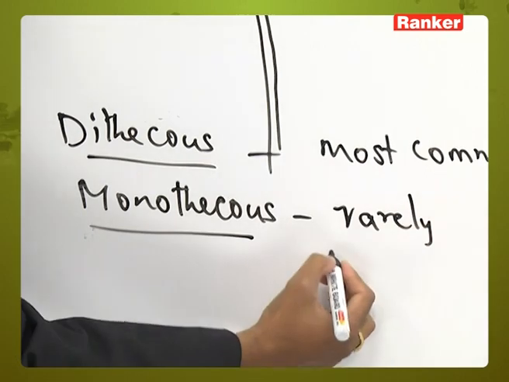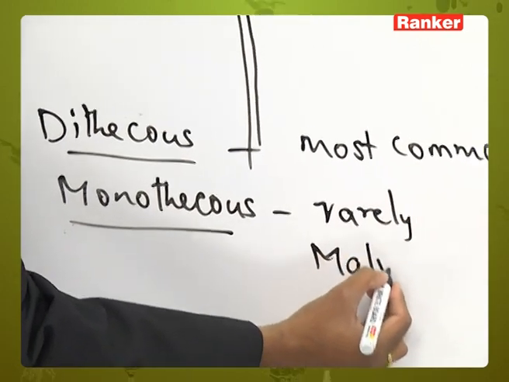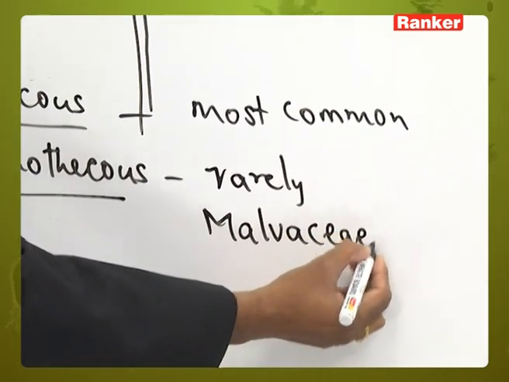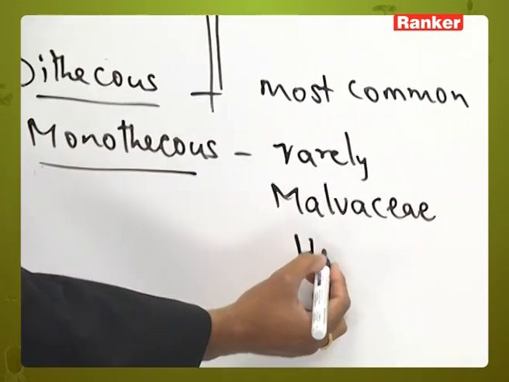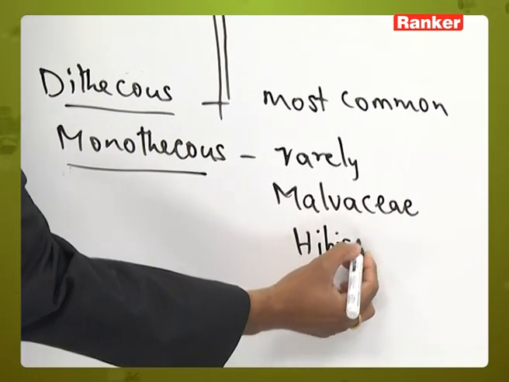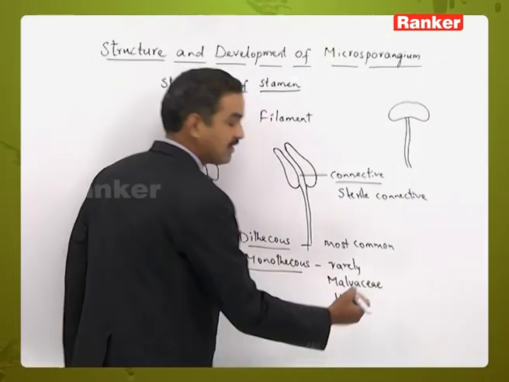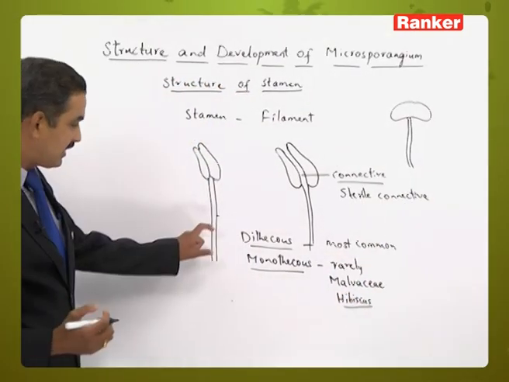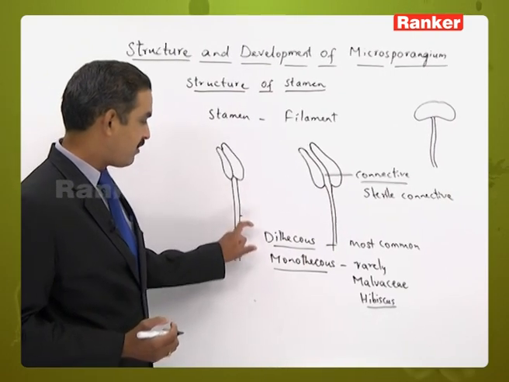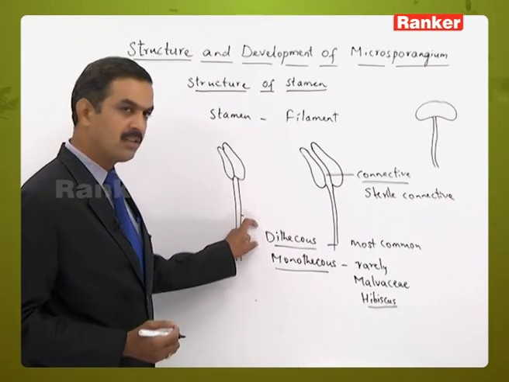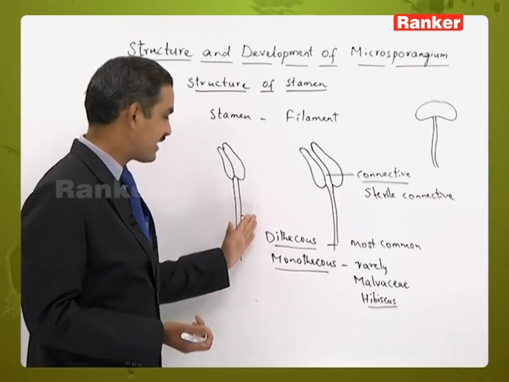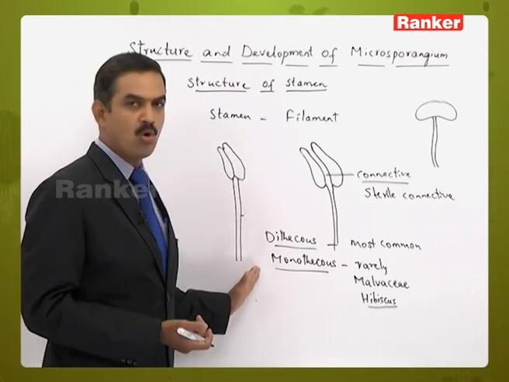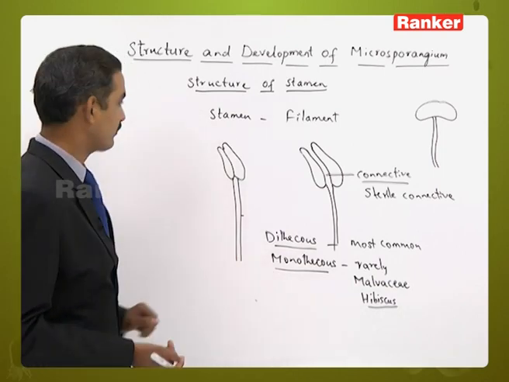It can be seen in members of the Malvaceae family. The best example is hibiscus, that is the China rose plant. So these are the two conditions where we can see two anther lobes in one anther and one anther lobe in one anther, called dithecous and monothecous anthers.